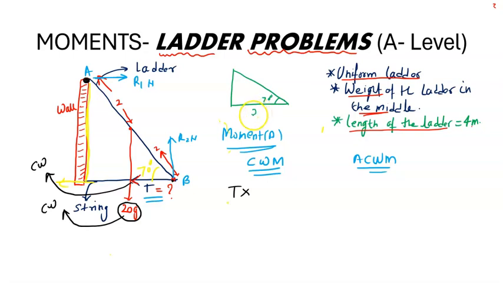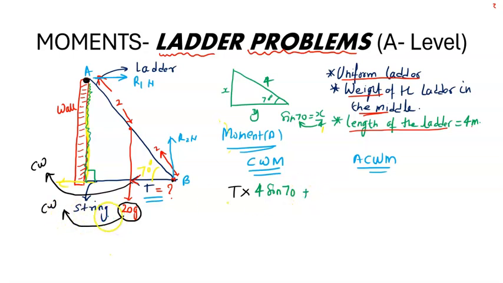Suppose this distance is X and this distance is Y. We need to find this green distance, the perpendicular distance. Let me make a zigzag line here. See, it is making 90 degrees. We have taken this as X and this is 4. So sine 70 equals X over 4. The perpendicular distance X equals 4 sine 70. So it should be T times 4 sine 70.